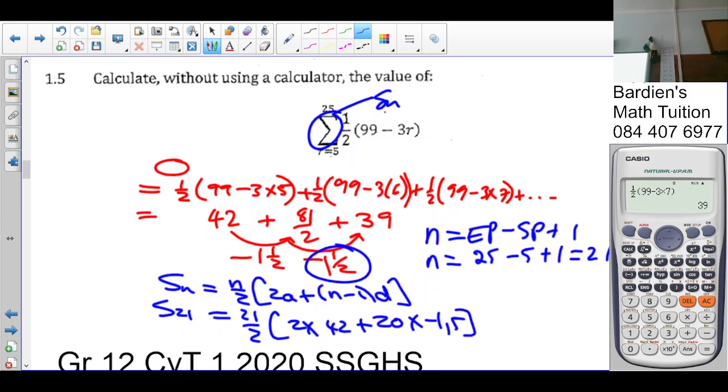We plug that in the calculator, so it's 21 over 2 into 2 times 42 plus 20 multiplied by negative 1.5. That gives you 567. Is that correct? Yes, sir. 567.